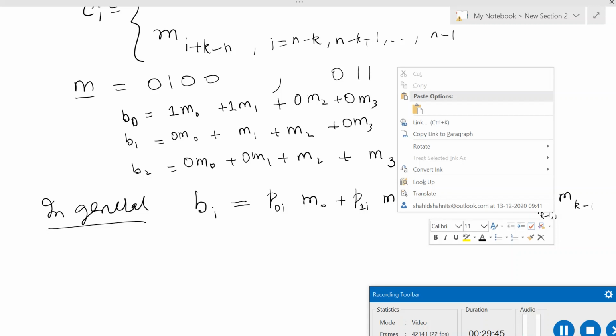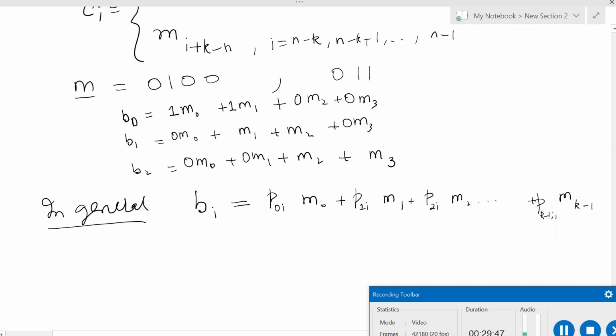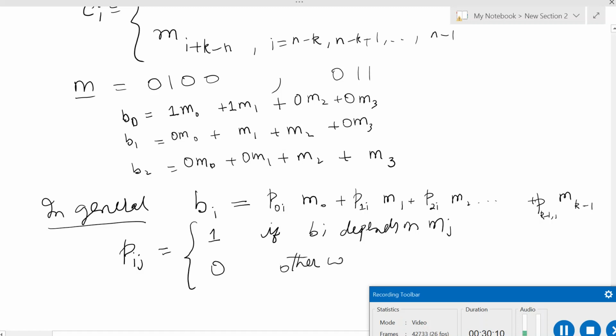Okay, sorry. Now these Pis, these Pij, I will write, in fact, they will be having value 1 if Bi depends on Mj, and 0 otherwise. Like here, this we can treat as P00, right?